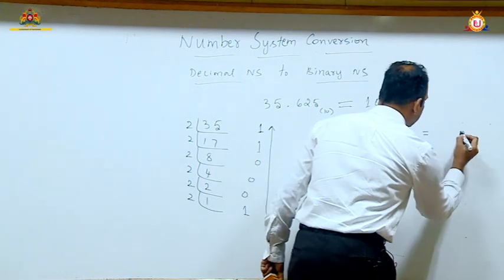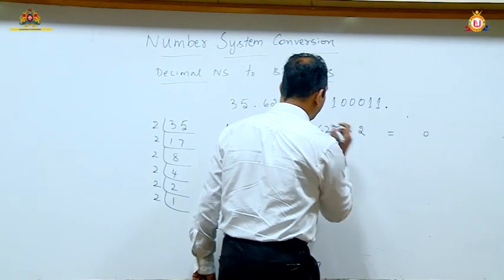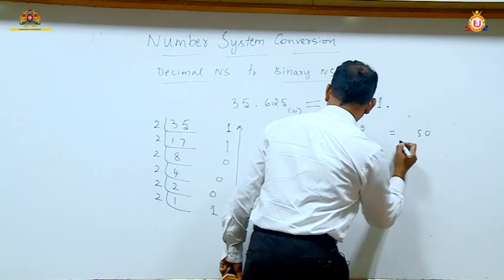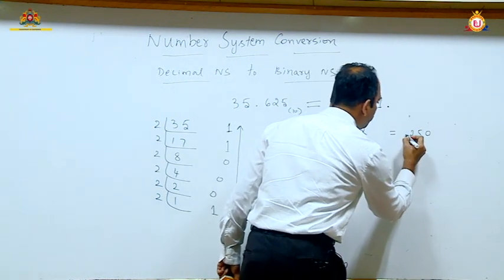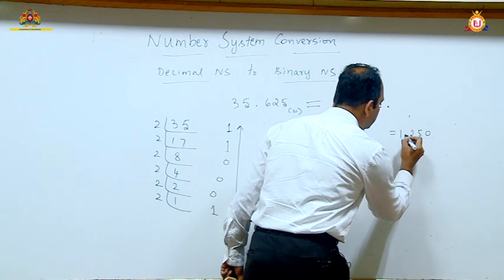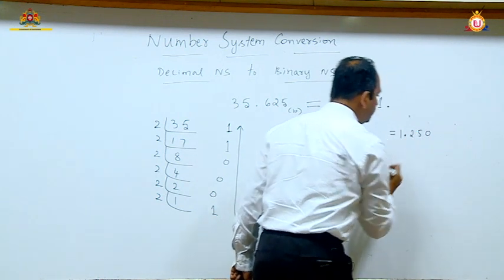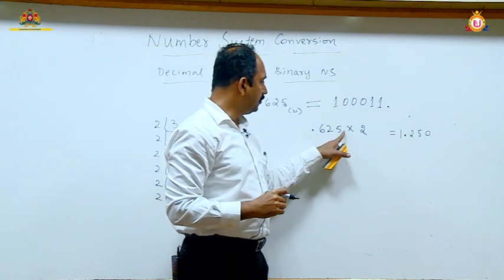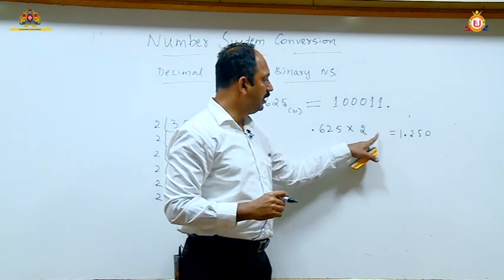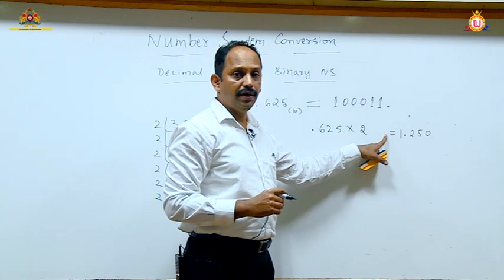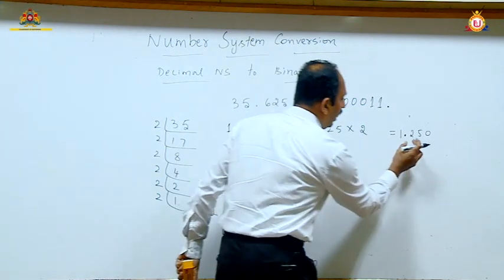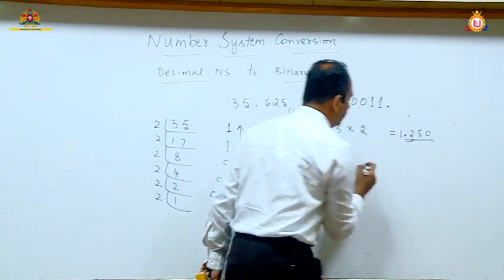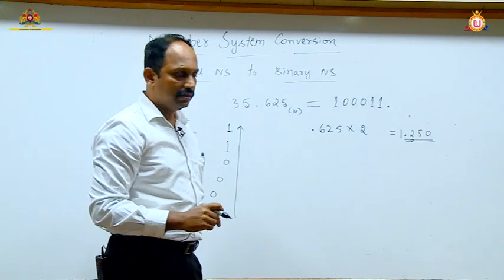So, it is 0 and carry 1 and 5 and 2.1. So, that is 1.250 is the answer of 0.625 into 2 will give 1.250. Now you have to consider only the fractional part of the result of the multiplication.